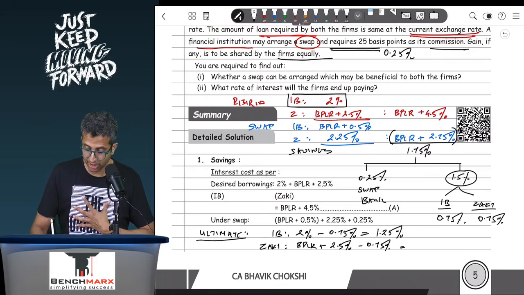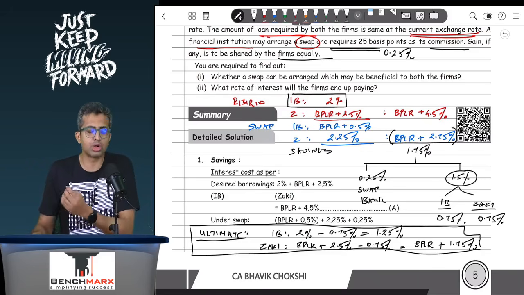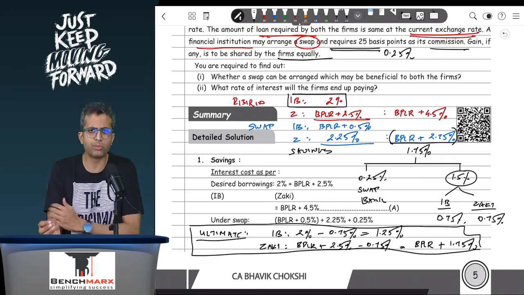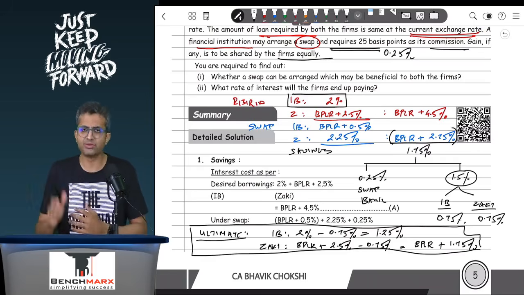So this would be maybe BPLR plus 1.75%. So this is what I have to arrive at, and these were the steps I mentioned. Calculate the savings. For savings, find out the total cost under the desired borrowing, that is BPLR plus 4.5, under swap, that is BPLR plus 2.75. Find the savings, allocate the savings in the agreed ratio, and then find the ultimate cost.